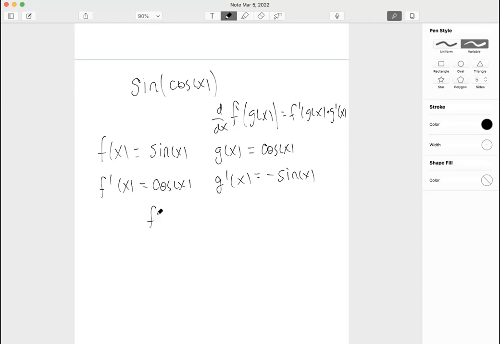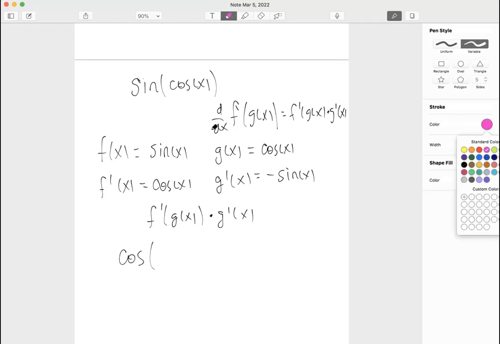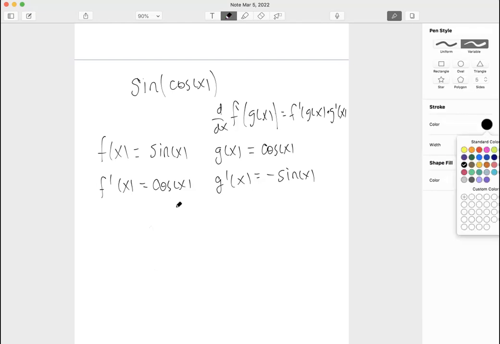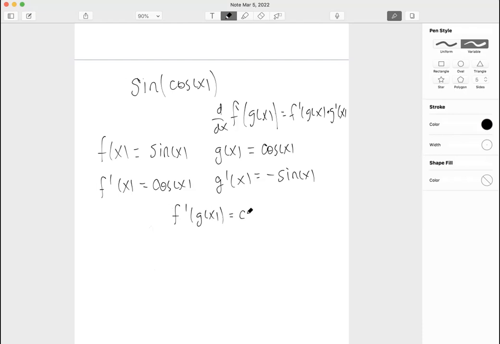Now maybe let's make one extra line here. What is f prime of g of x? It's cosine of cosine, so it's cosine of cosine of x.